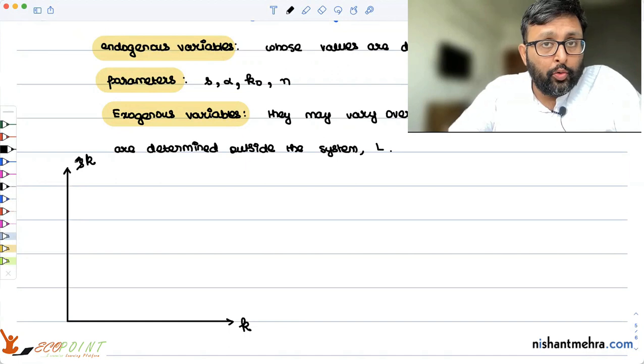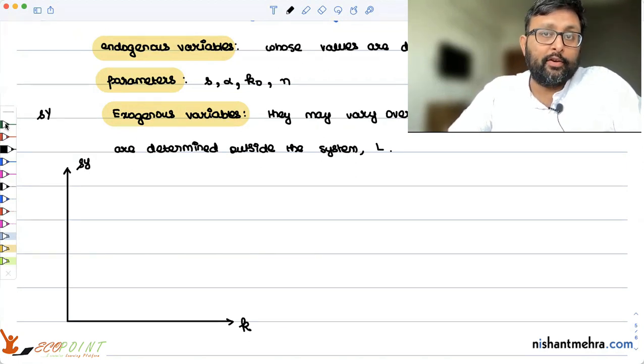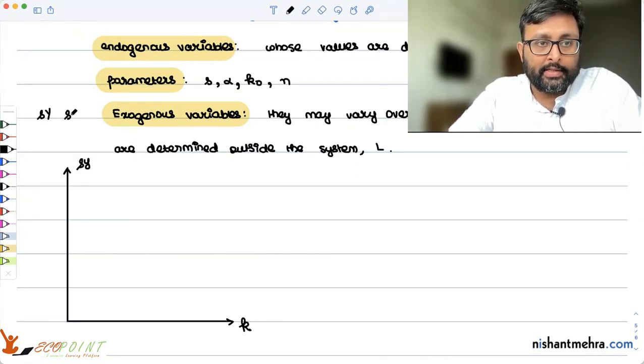I think I have told you last time also that capital S into capital Y is gross investment and S into small y is gross investment per worker, right?